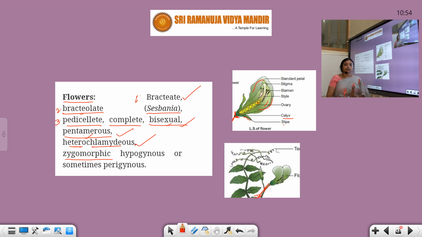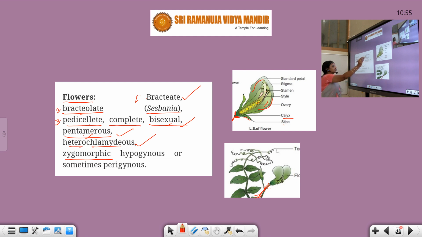That is called zygomorphic. Whereas in actinomorphic, it can be divided into equal halves by any plane passing through the center. So, from all planes it can be divided into 2 equal halves. That is actinomorphic. And asymmetric cannot be divided into equal halves, that we have seen. So, this flower is zygomorphic.